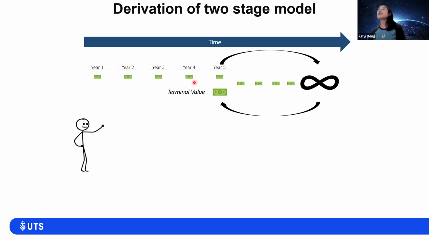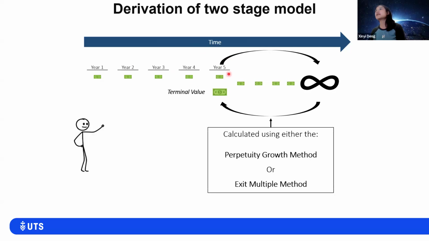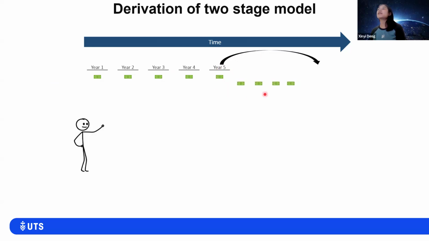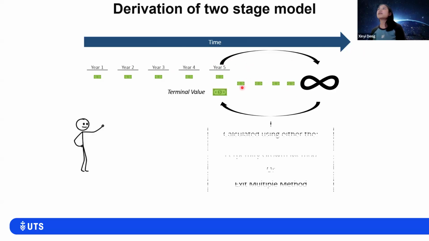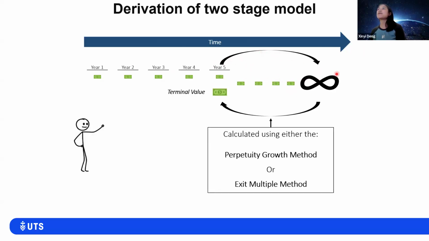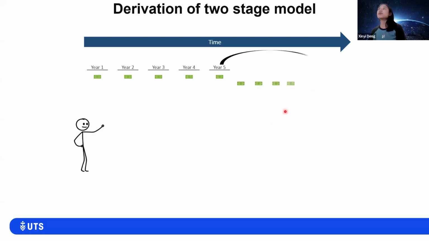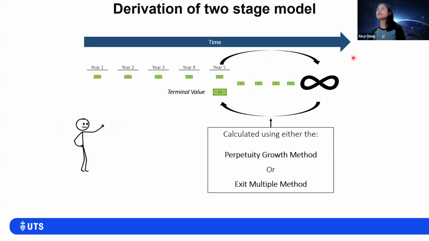And after the end of year 5, he expects that his cash flow is going to grow at a lower growth rate, and this lower growth rate will continue forever. The reason we assume that his cash flows can continue forever might be that his YouTube videos can continue generating income for his descendants, even if he dies.